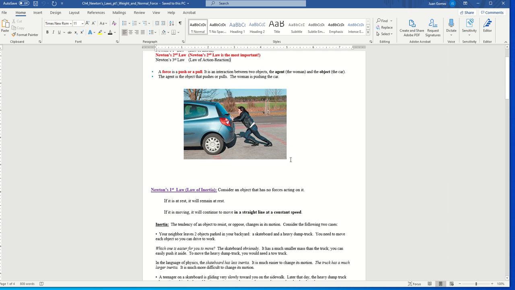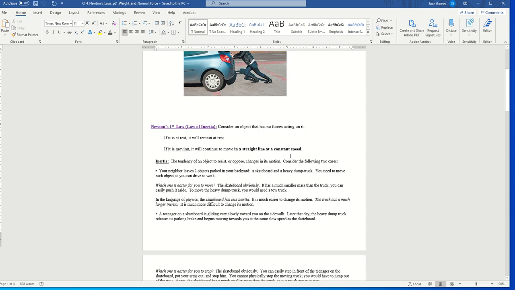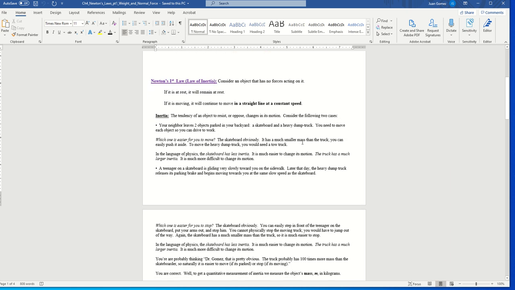Now, Newton's first law, let's take them in order. Newton's first law is the law of inertia, and it can be stated a couple of different ways. Let's consider an object that has no net forces acting on it. If it's at rest, it's going to remain at rest.